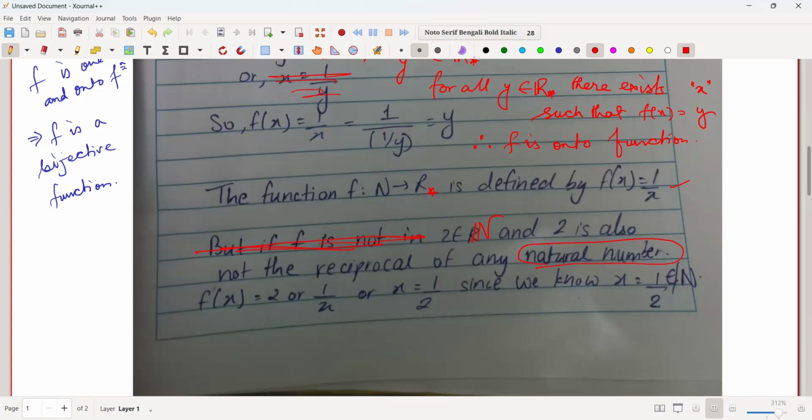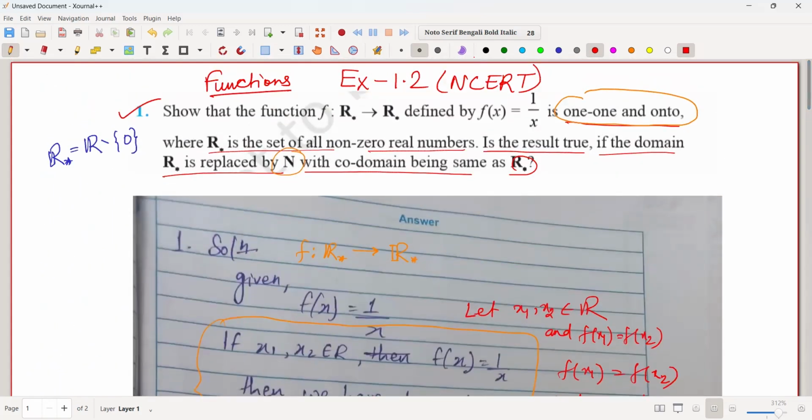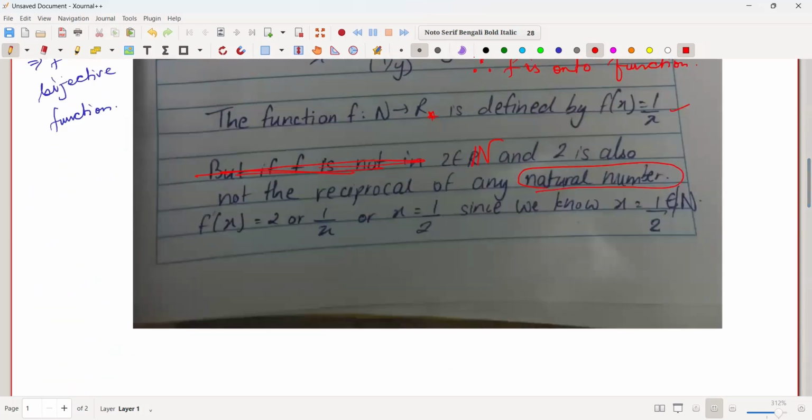So f(x) equal to 2, one second. The domain R star is replaced by the natural numbers N, and codomain being the non-zero real numbers R star. Okay, this is incorrect.